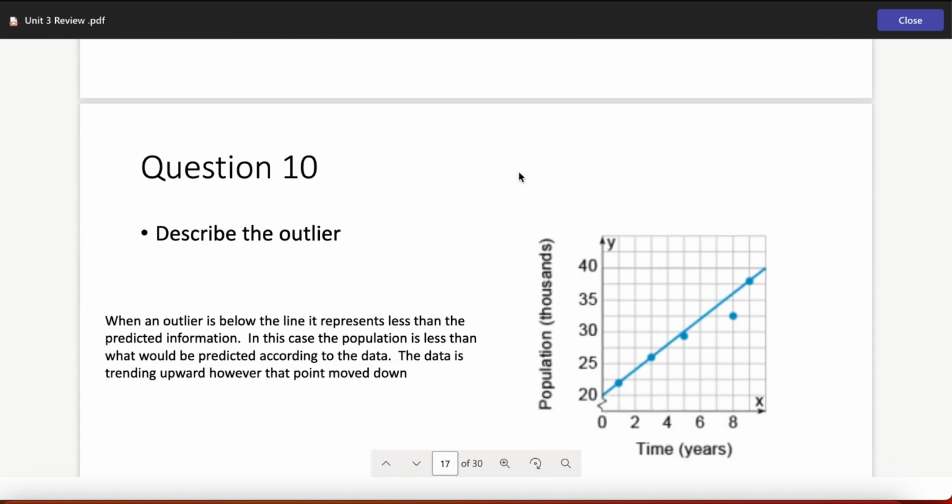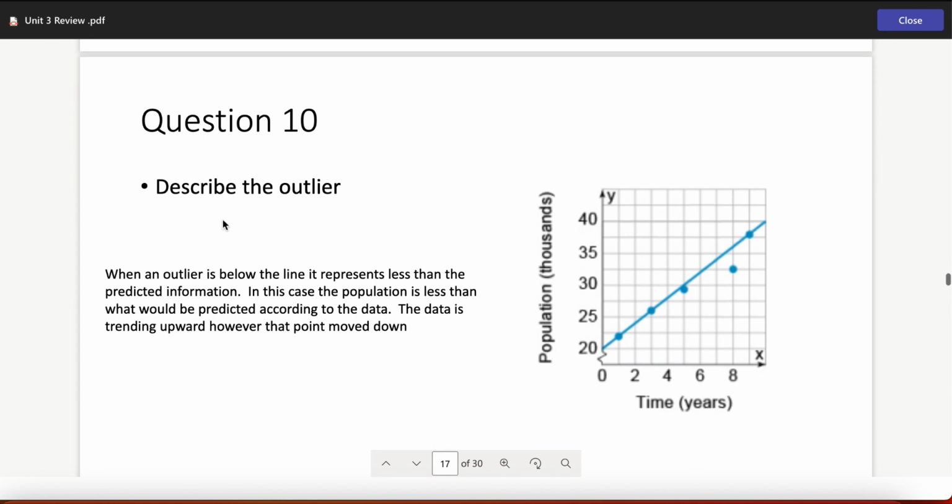Alright, question 10. Describe the outlier. An outlier is a point that is far away from the cluster or the line of best fit or any kind of scatter plot. Here the point represents the outlier.